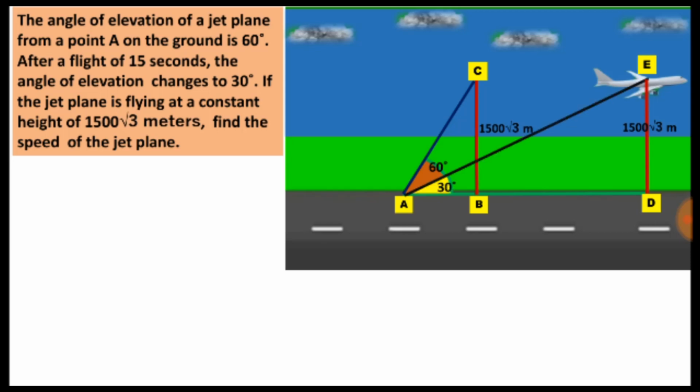If you observe here, we have two right triangles. One is triangle ABC and another one is triangle ADE. Using these two right triangles, we need to find the distance traveled by the flight first. If we find the distance traveled by the jet plane in 15 seconds, then we can find the speed of the jet plane. Let us see how.